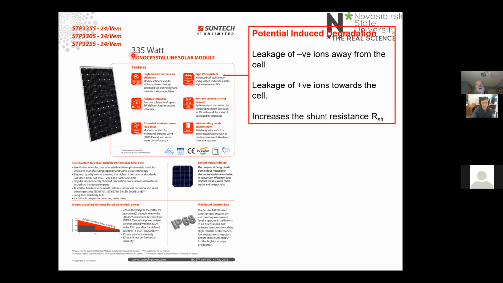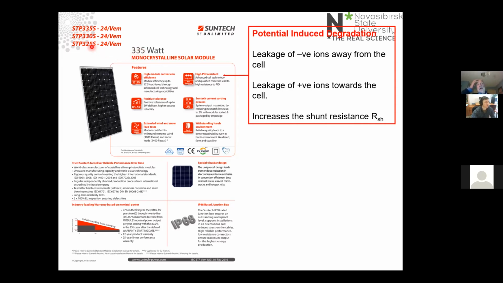This is nominally a 335 watt module, but in fact, it comes in 3 varieties. There's a 335, a 330, and a 325 version of this module. Those numbers relate to the rated power of that module.